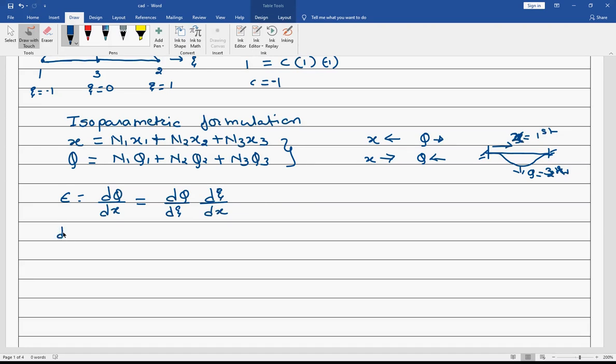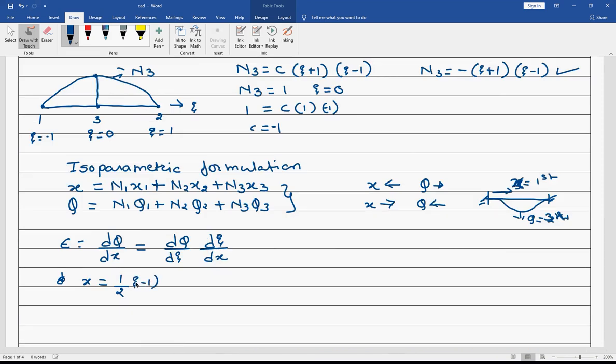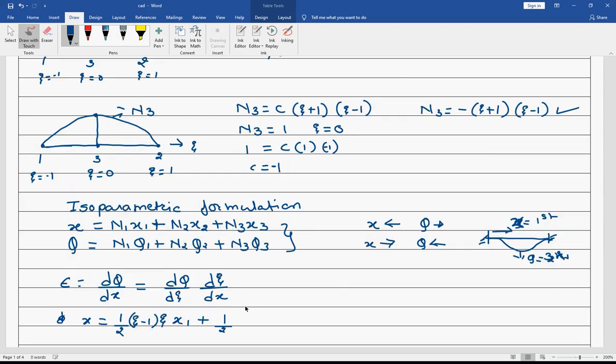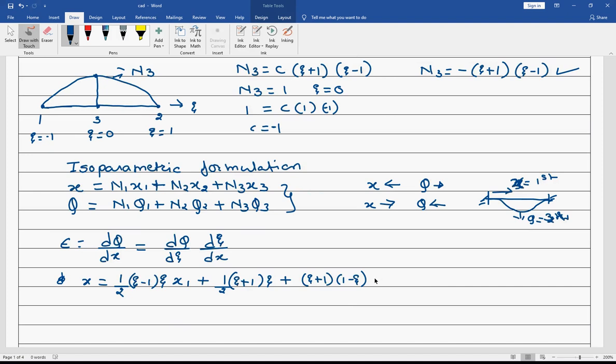First thing is d psi by dx, that is what I want to find out. So I write x equal to N1 x1 plus N2 x2 plus N3 x3. I go back and check the value of N1, that is 1 by 2 xi times (xi minus 1), into x1, plus N2 which will be 1 by 2 xi times (xi plus 1), into x2, and for N3 it will be (1 plus xi) times (1 minus xi) into x3.